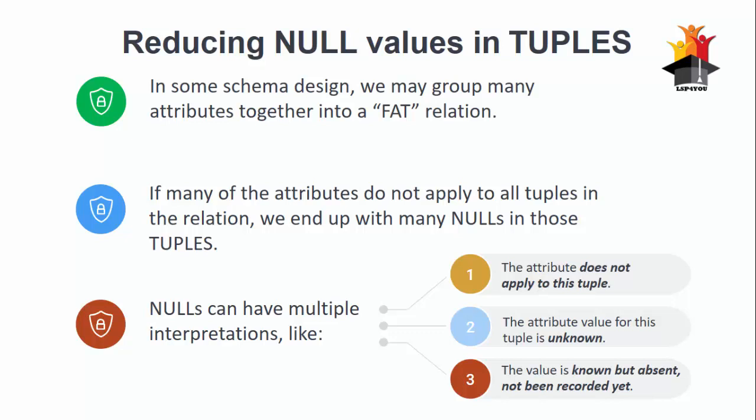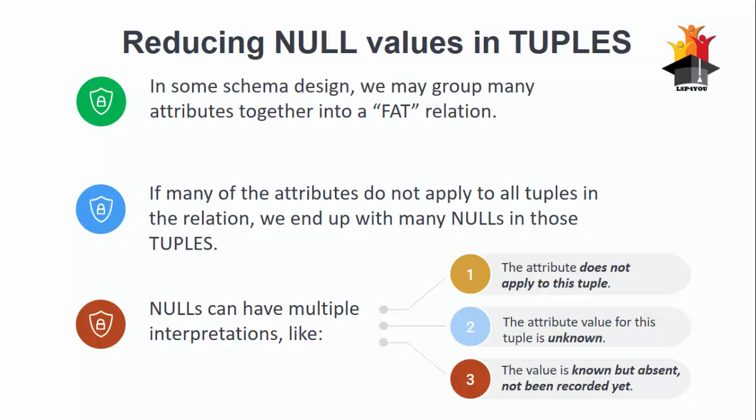Sometimes while inserting data into a relation, suppose we have an attribute date of birth. Sometimes at the time of insertion of the record, the date of birth may not be known. So we may insert a null value in those cases. Sometimes the attribute value may exist, but due to some technical issues such as confidentiality, we may not be able to insert the values of such an attribute.